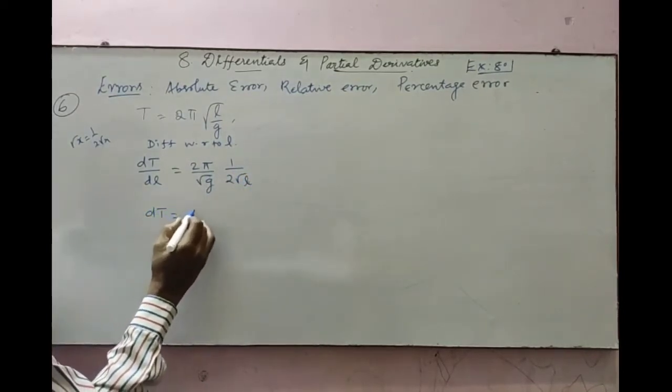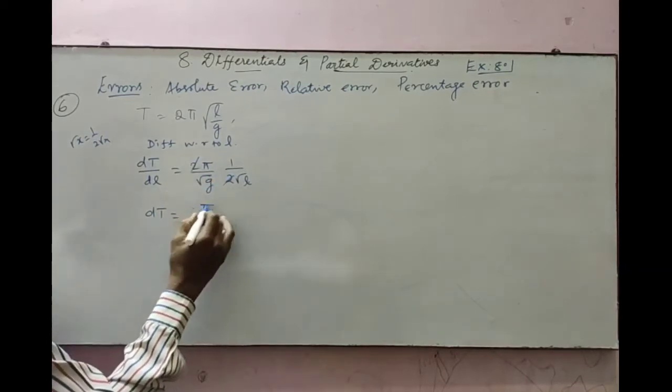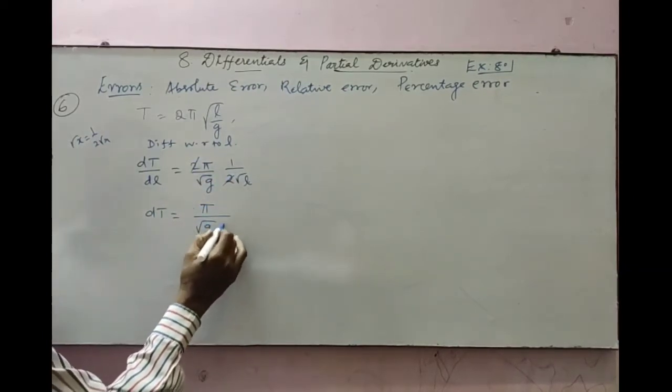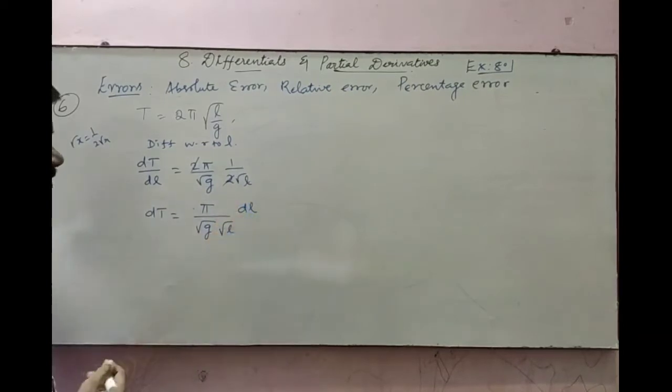So dt is equal to, 2 gets cancelled, pi by root of g into root of L into dL.